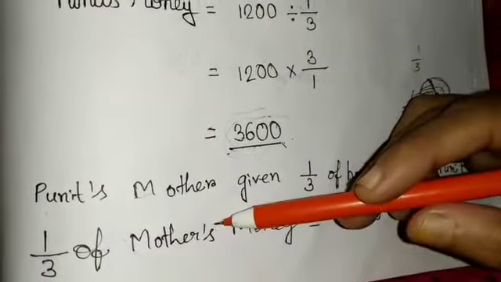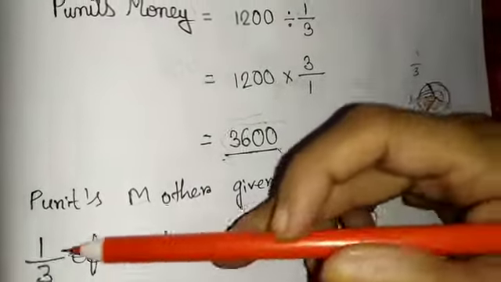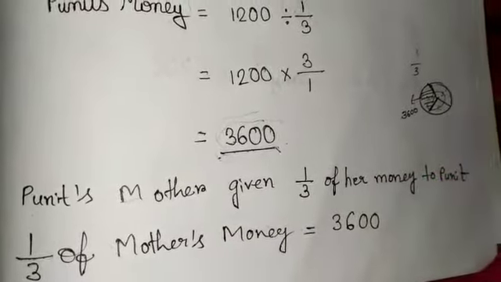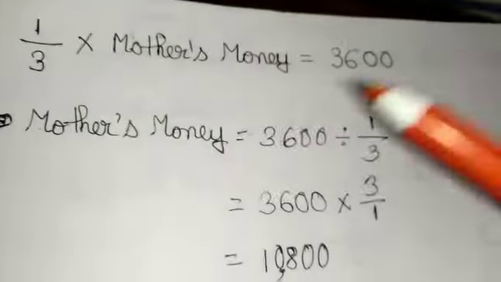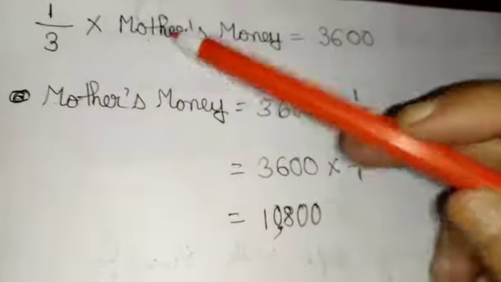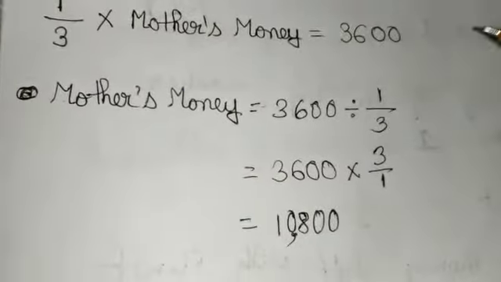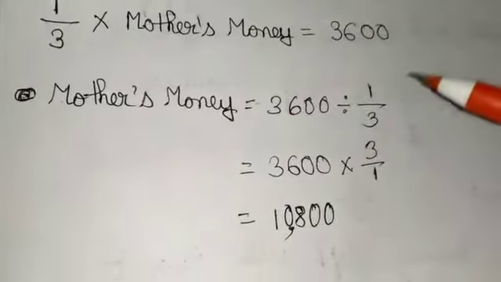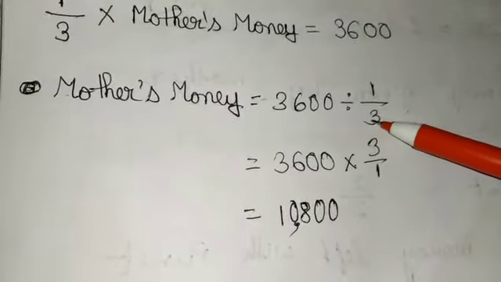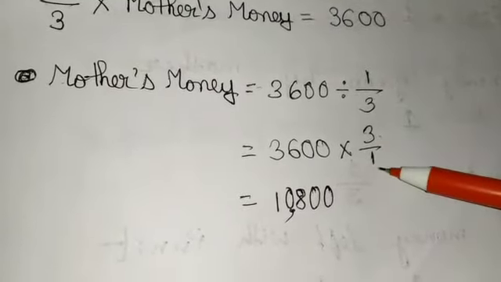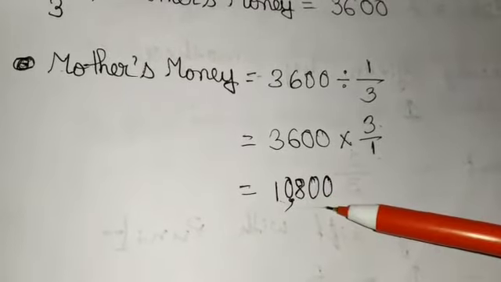How much money is with her mother? Of that, 1/3 mother has given to Punit, and that is 3600. So like the previous step, 1/3 multiplied by mother's money equals 3600. So 1/3 will go to this side, division will be multiplication, 1/3 will be 3/1, it will be 10,800.